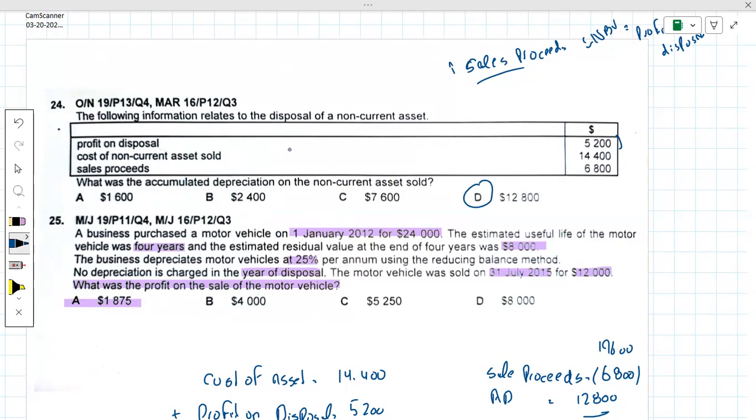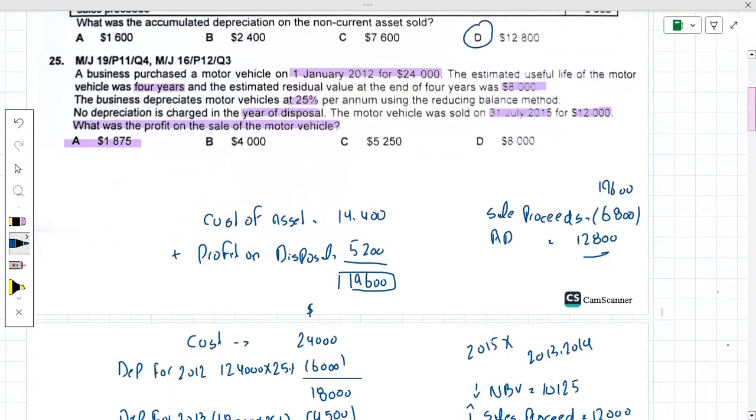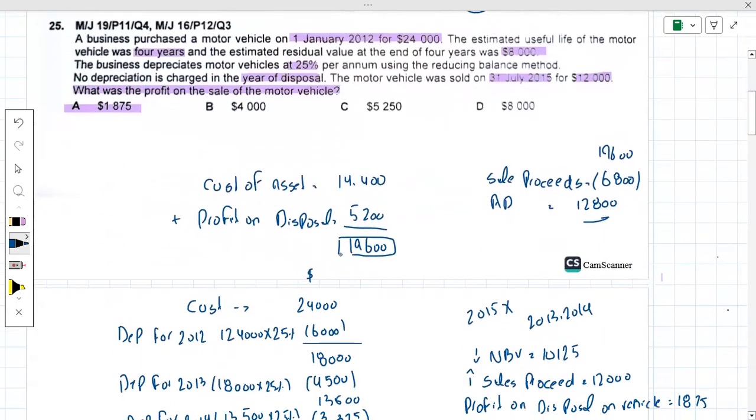To find the accumulated depreciation, first of all we have to add 5,200 with the 14,400, as we can see, which gives us a total of 19,600. If we deduct the sale proceed from it, the difference we get would obviously be the amount of accumulated depreciation.